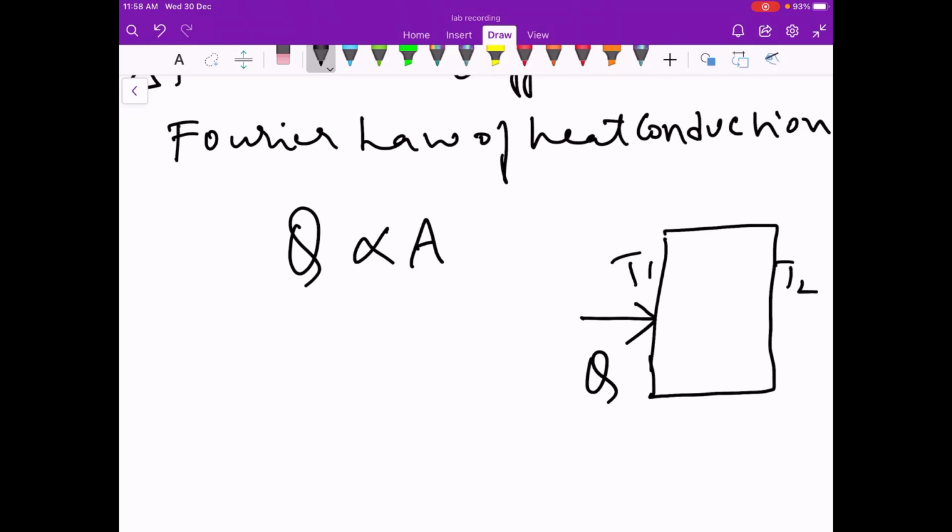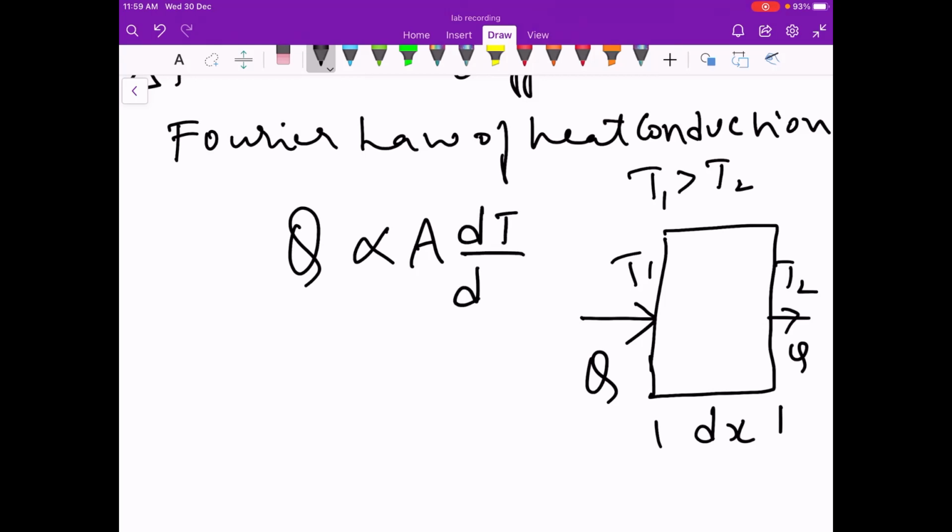Let us say these two surfaces are maintained at T1 on the left face and T2 on the right face, and also T1 is greater than T2. The distance that the heat traverses, let us call it dx, so Q is proportional to A times the gradient of temperature through the thickness of the wall, that means dT by dx.